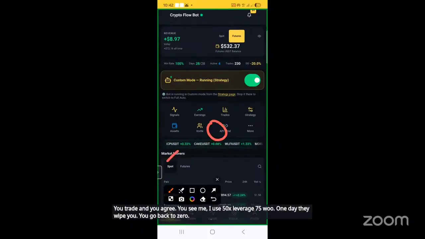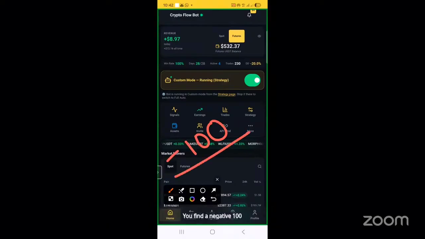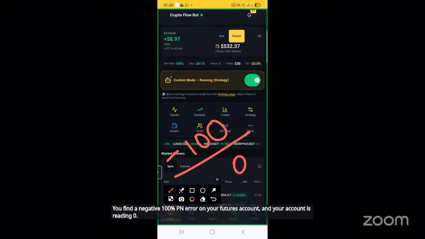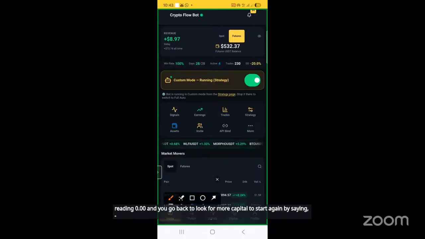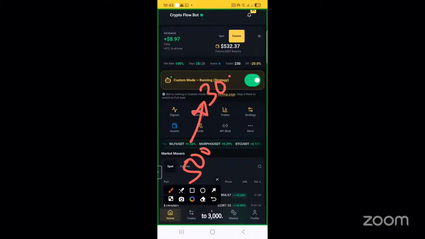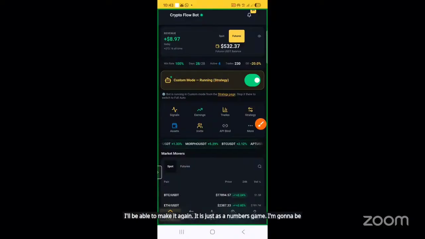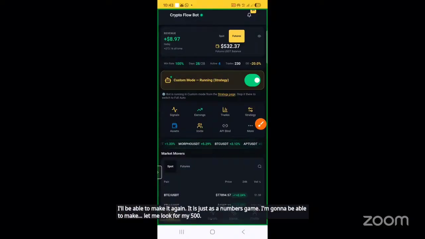You find a negative 100% PNL on your futures account, and your account is reading $0.00, and you go back to look for more capital to start again, saying, if I was able to make it from 500 to 3,000, I'll be able to make it again. It is just a numbers game. Let me look for more 500. And you keep in that cycle for long.